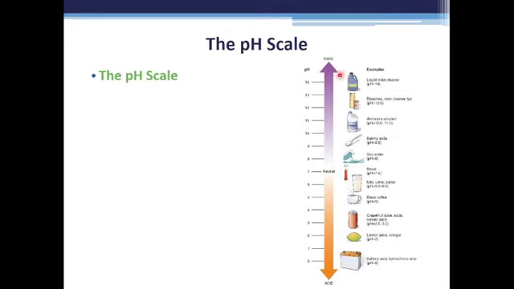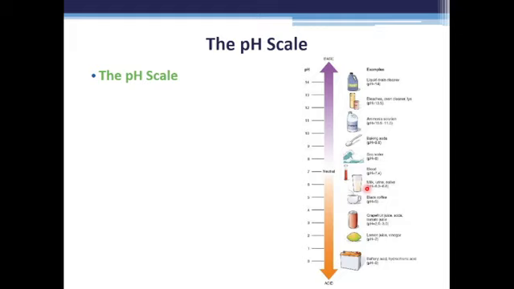Let's talk about blood problems and an imbalance of blood. When blood pH is below 7.35, that's what we call acidosis, from the word acid.